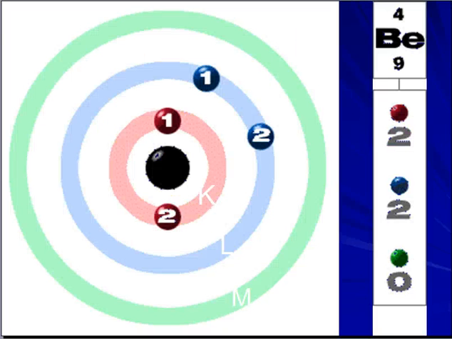For example, if I showed you this picture and asked you, what is the element? By looking over here, you see that it's Be. That should tell you it's beryllium. How many electrons does it have?